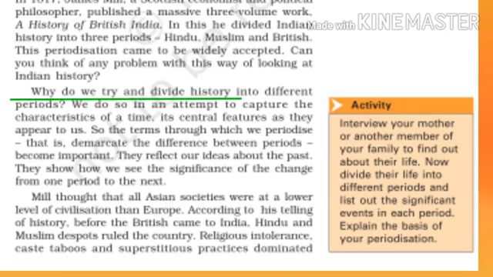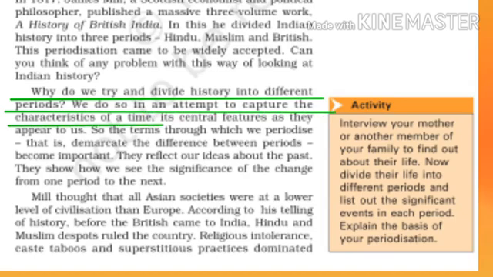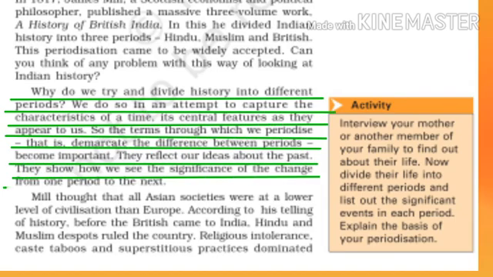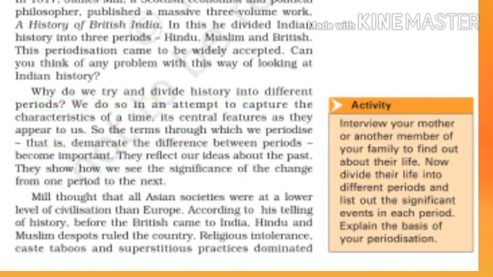Now, here one question arises: why are we dividing history into several parts? Students, we do so in an attempt to capture the characteristics of a time, its central features as they appear to us. So, this is the term through which we periodize.